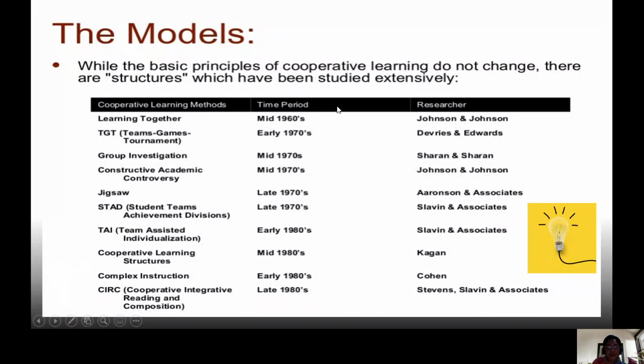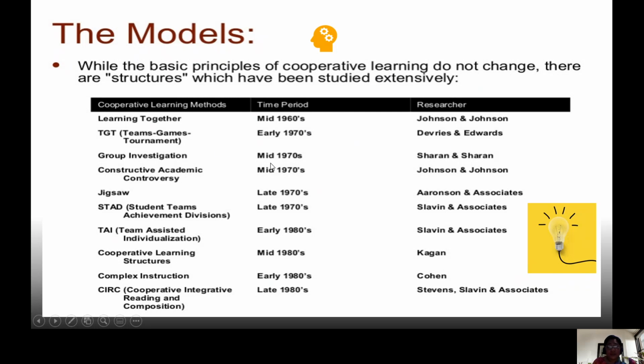So the basic principles of cooperative learning do not change. There are structures which have been studied extensively. Under these are Learning Together in the mid 1960s by researchers Johnson and Johnson. Next is Team Games Tournament, early 1970s by DeVries and Edwards.